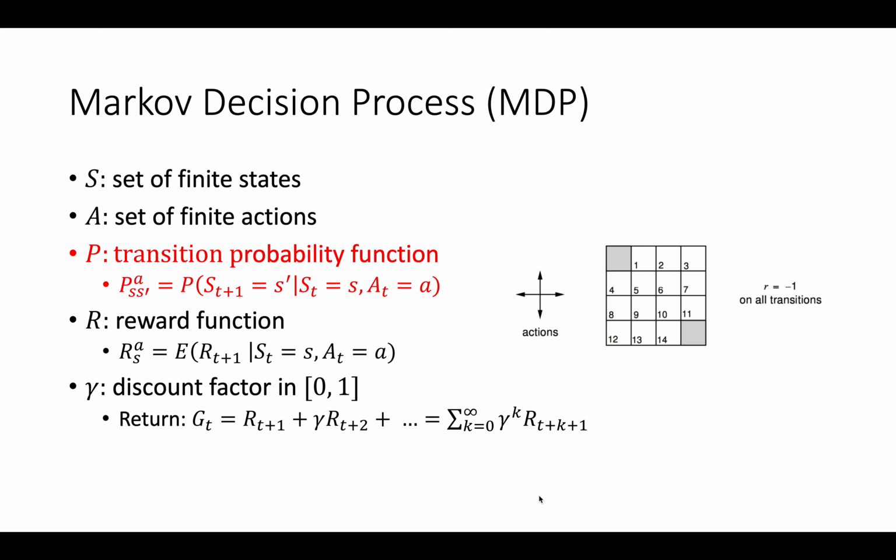If we're in state 5 and we take action up, we end up in state 1 with 100% probability. If we're in state 3 and we take the action right, we end up back in state 3 with 100% probability. And if we're in the terminal state, whatever action we take, we're going to end up back in the terminal state.